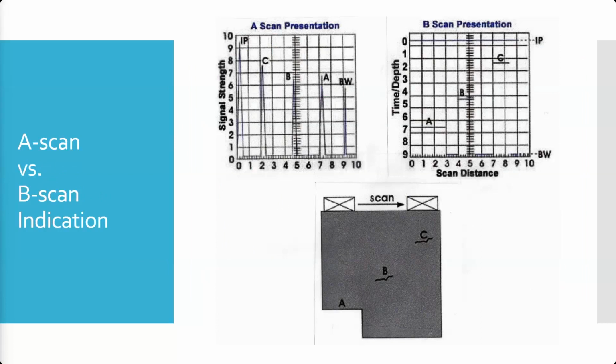A B scan is similar, but now instead of the signal strength and the distance, now we have the distance on the Y scale. And then what it's saying by scan distance here, time depth, scan distance is the physical movement of the probe across the part. Okay?